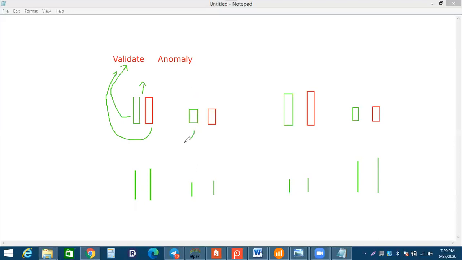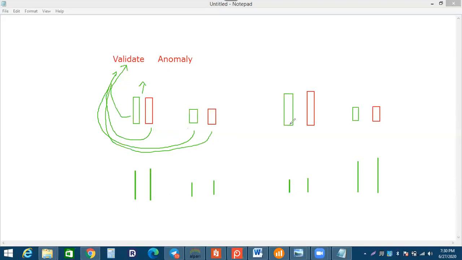It also indicates that the spread validates, or authenticates, the volume bars. Authenticate means matching each other. That is the basic concept to understand. All the things are based on these two things, validation and anomaly. That's why I'm concentrating more on validation and anomaly.